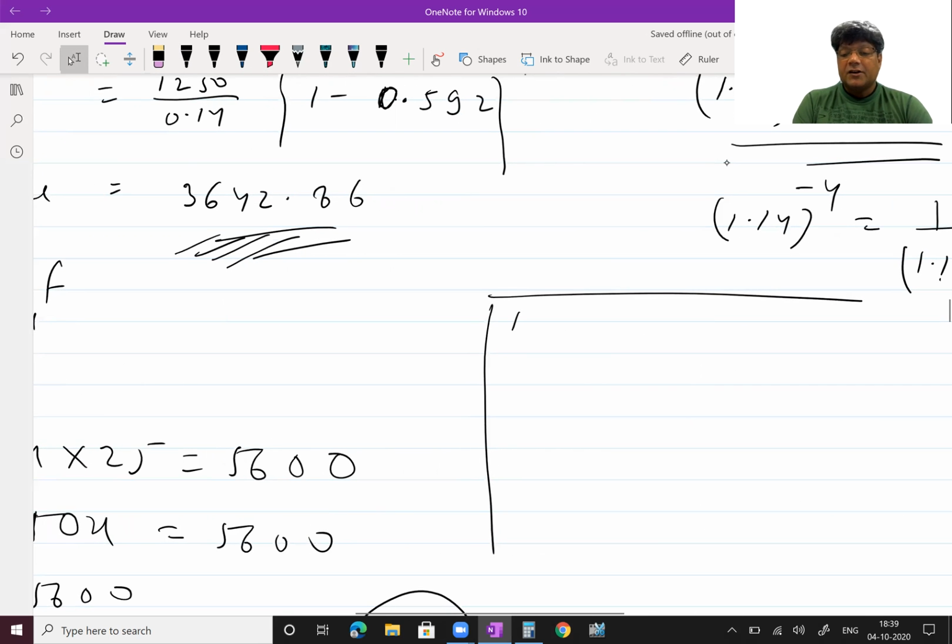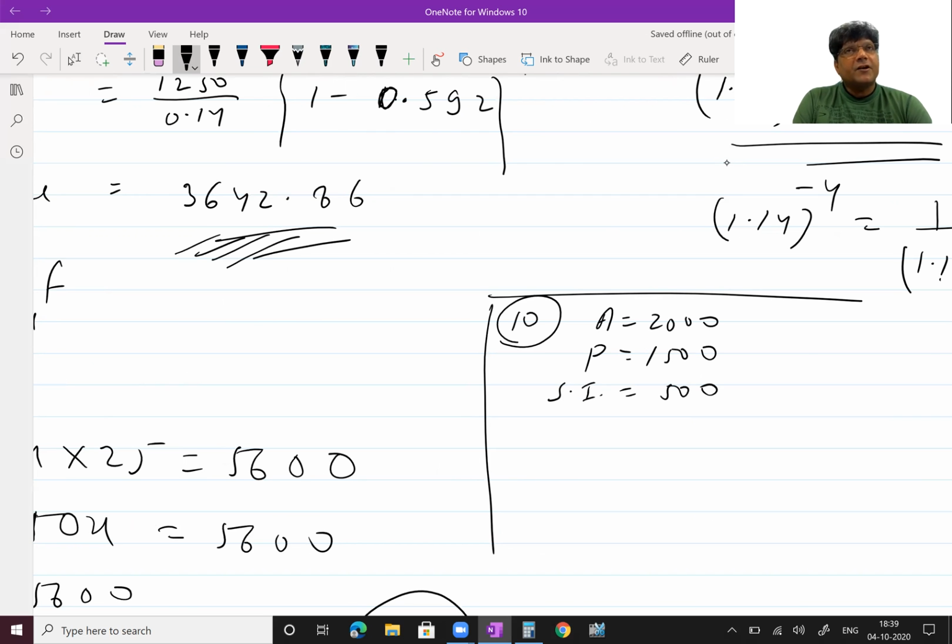Look, this time our interest is 500. We need interest 500 because the amount is equal to 2000. Our principal is 1500. So our simple interest is 500. We need to calculate time. Rate is how much? 5%.